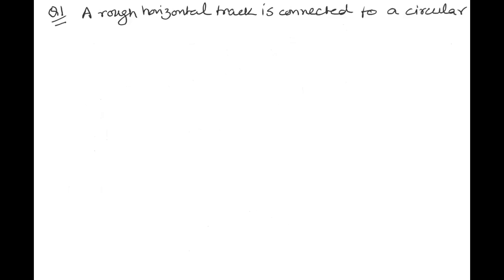A rough horizontal track is connected to a circular rough track of radius R as shown.